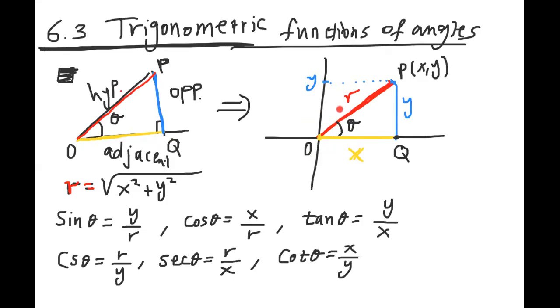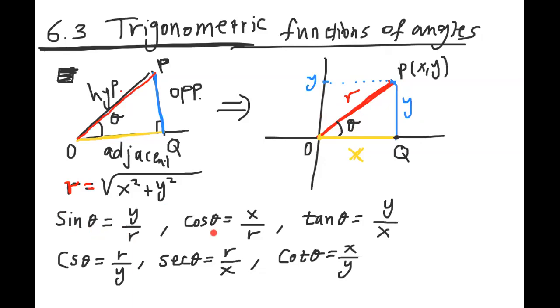R is always positive. In the first quadrant, the sine of theta is Y over R. R is always positive and Y is positive, because the value for Y is on the positive Y axis. So the sine is positive.